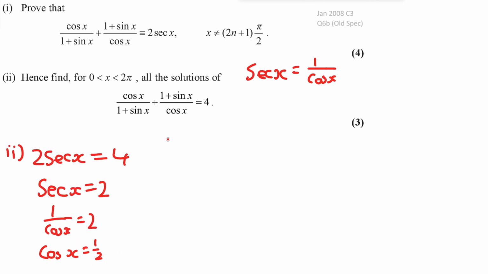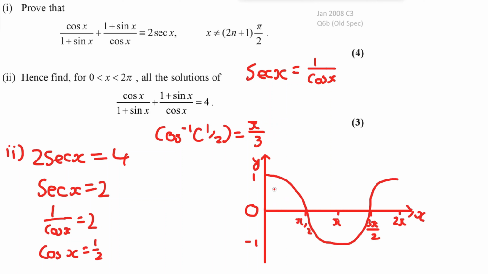So firstly we do the inverse cos of a half, which is equal to, if you put it into a calculator in radians, pi over 3. So then we just draw a quick pair of axes and a very quick cos graph like this, and then we say that half is about here, for example, and we can see that there are two solutions in this interval here.